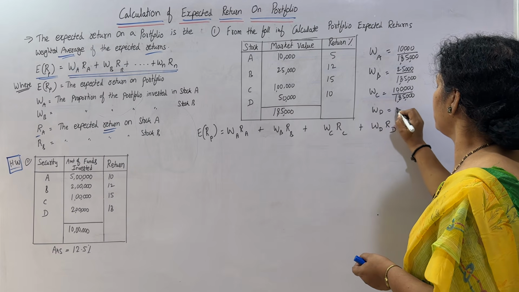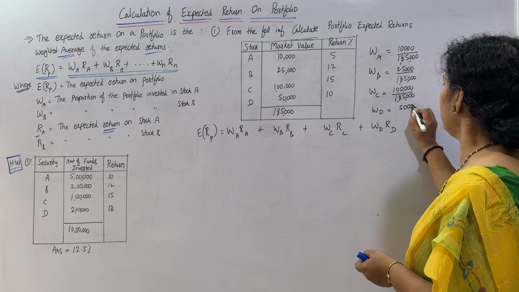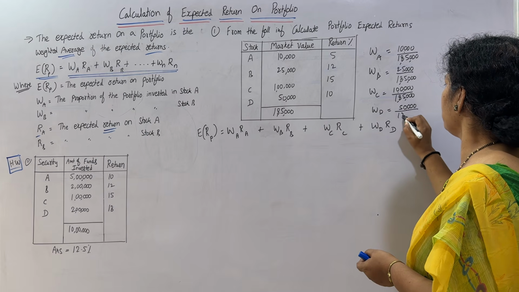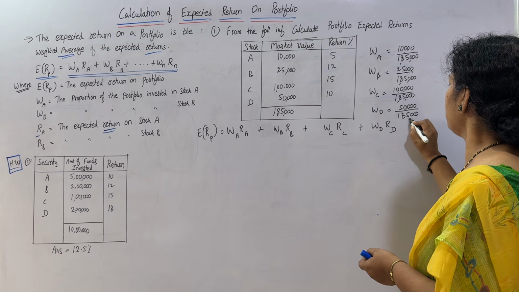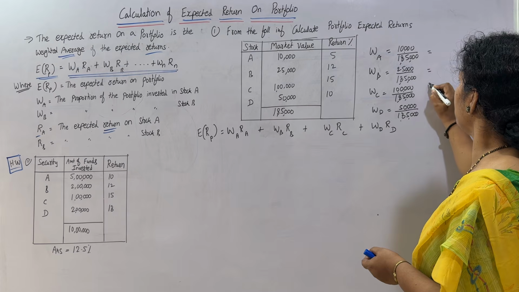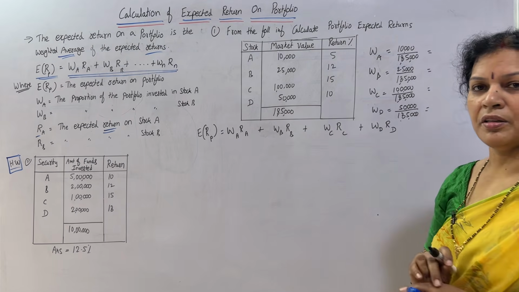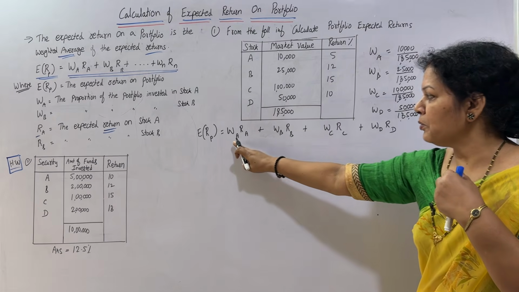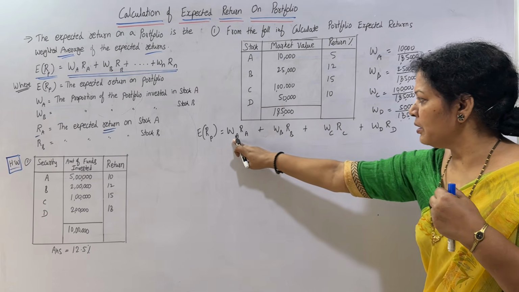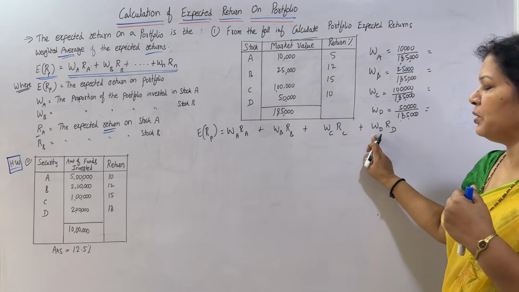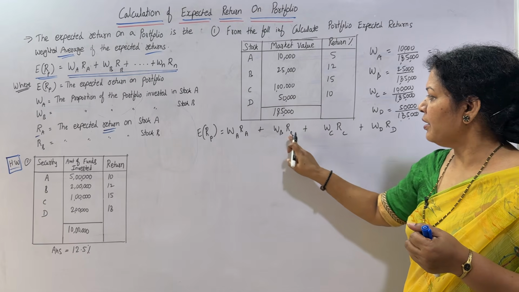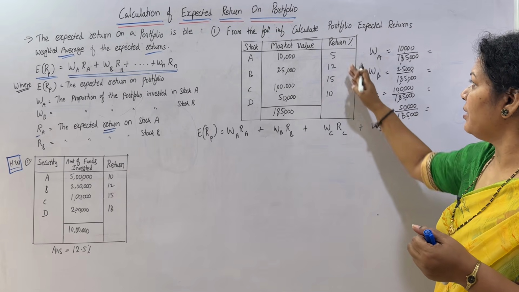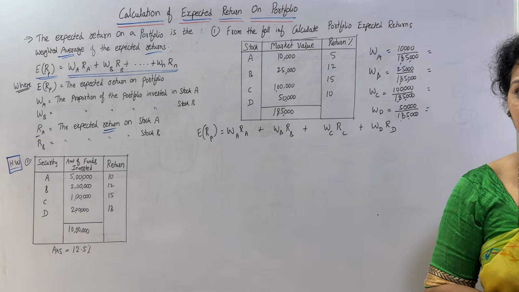WD, 50,000 divided by 1,85,000. Once you calculate this WA, WB, WC, WD, then we can implement it in the formula, because we need to know only these values. RA, RB, RC, RD are already given.